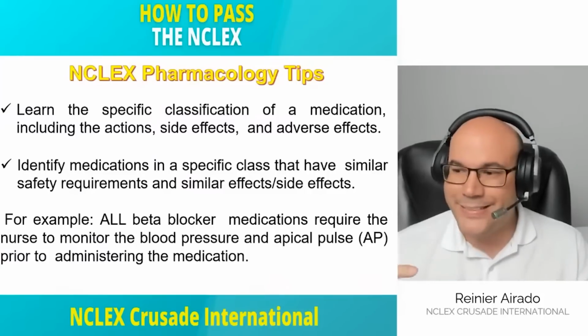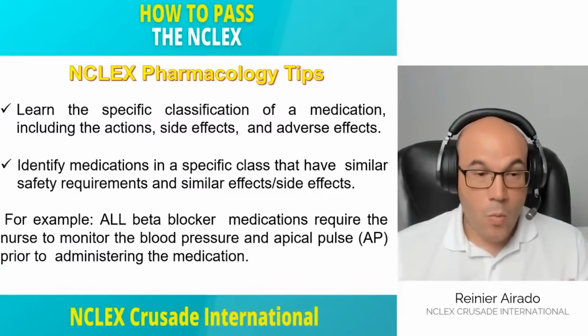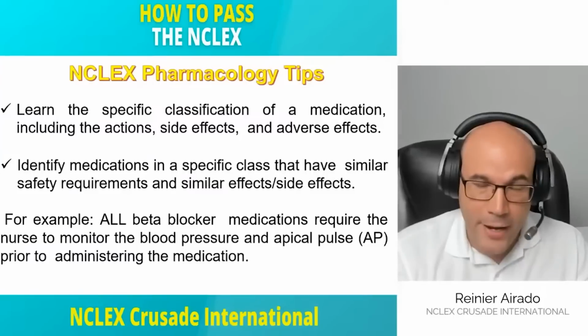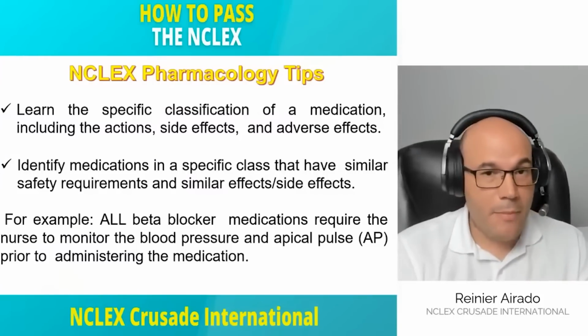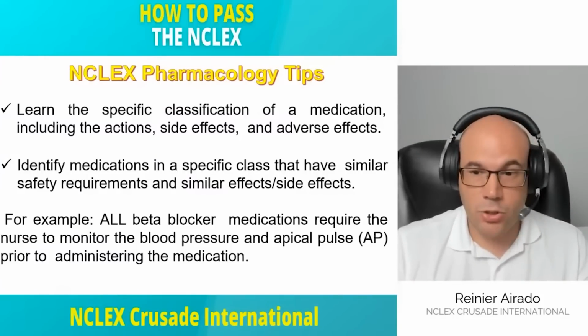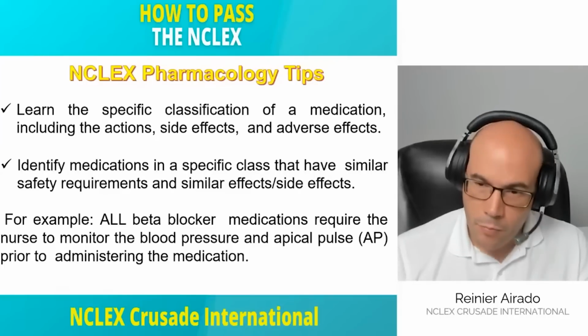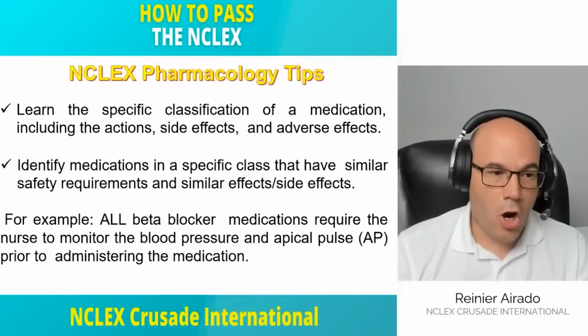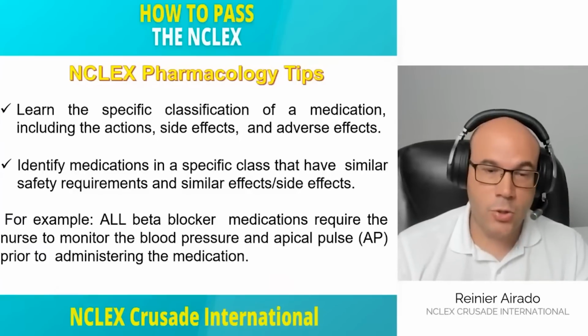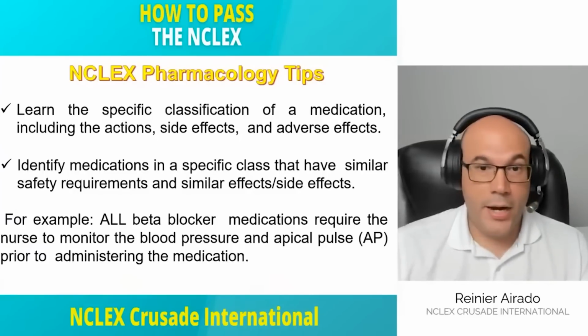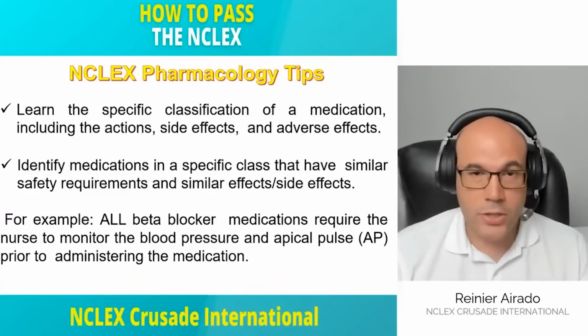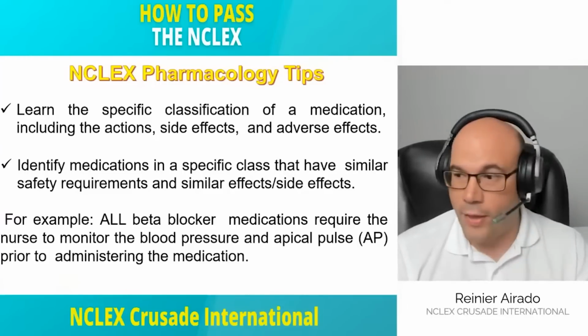So you see, this teaching is important. Whenever you see a specific teaching for a specific category or a specific medication that applies to that specific group, write it on your drug card, because this is going to be beneficial when you're answering pharmacology questions, whether it is a prioritization question or a select all that apply.